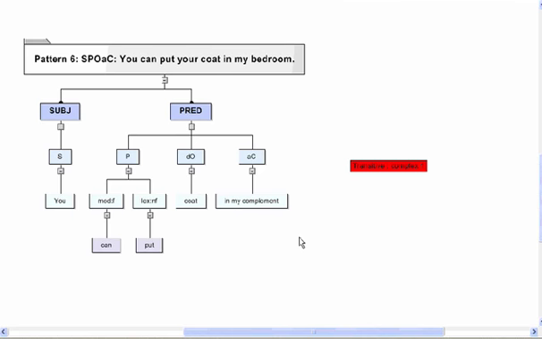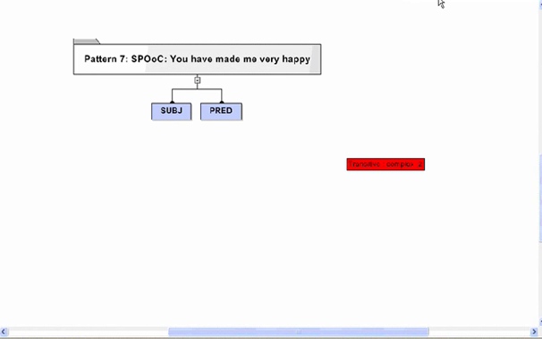We then move on to pattern number 7. Pattern number 7 is what we call transitive complex 2, because it requires an object.